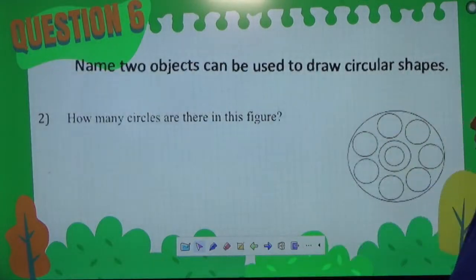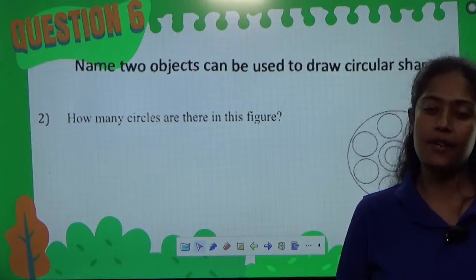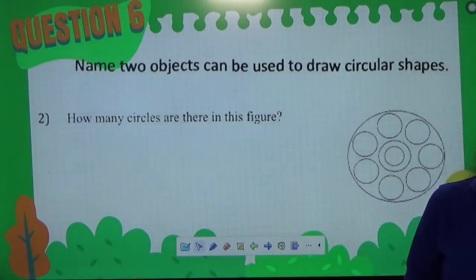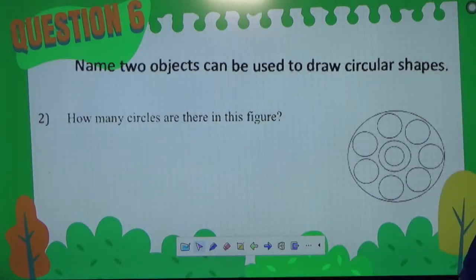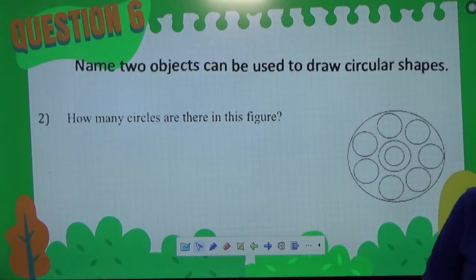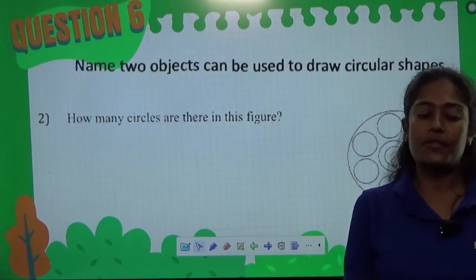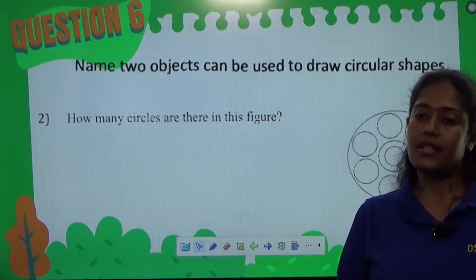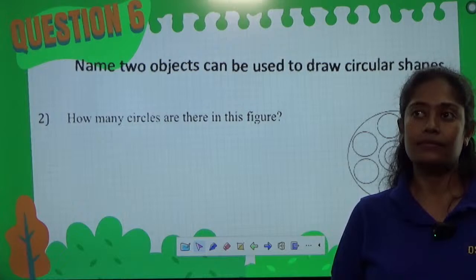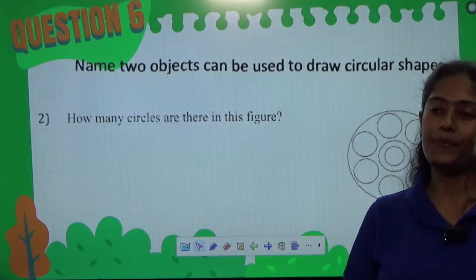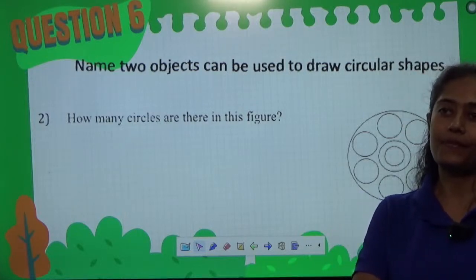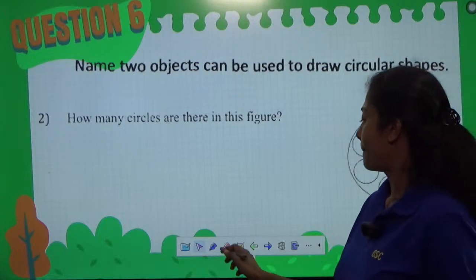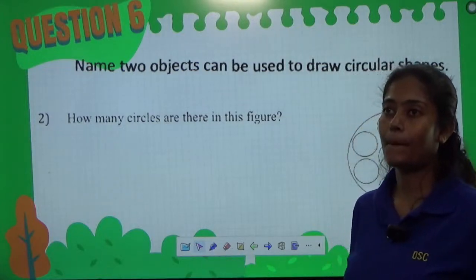Next one. Name 2 objects that can be used to draw circular shapes. We have discussed that one also on the previous day. What are the objects we can use? That day we used a coin. Then you can name a bottle.